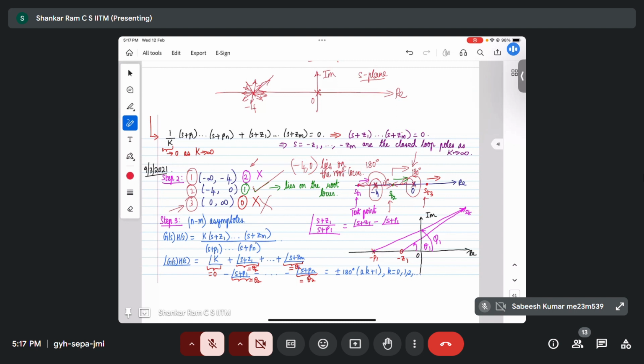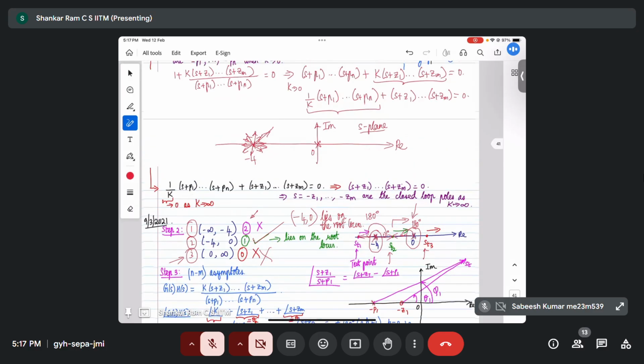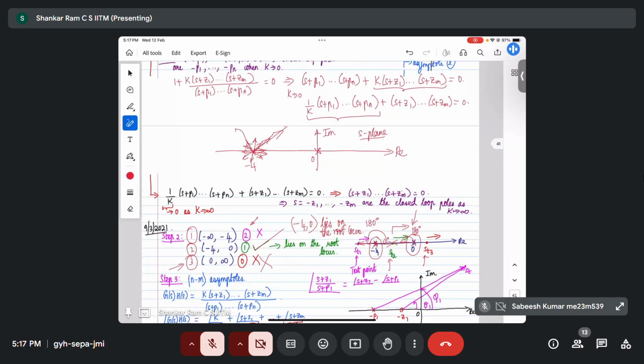Consequently, let's say my question is, can it start along this direction or this direction? Why not? I'm saying it should not. I just want us to brainstorm why not.